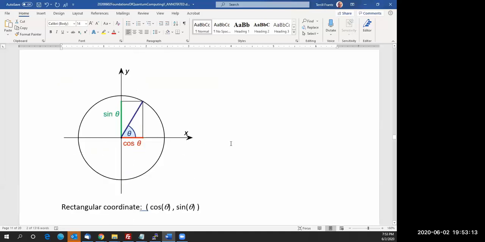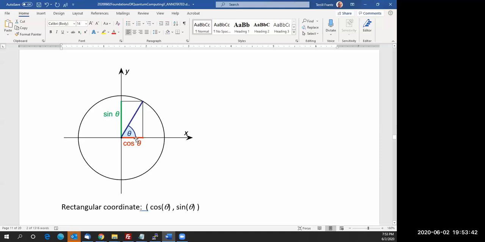So now imagine you had a complex number, and imagine this was the complex plane. I have x and y, but it's a complex plane, so oftentimes we'll refer to the x value as the cosine of theta, if this is theta, and we'll refer to the y value, or perhaps the i value, as the sine of theta.